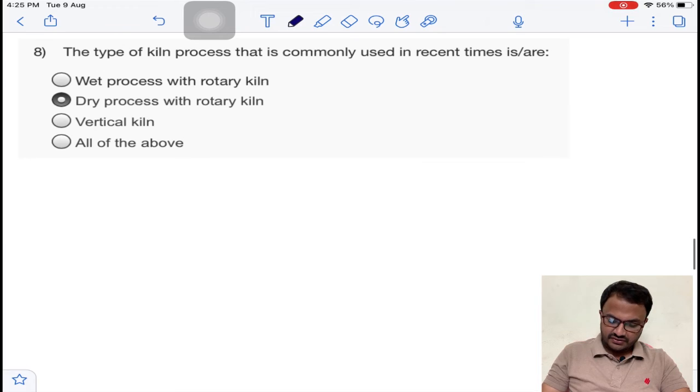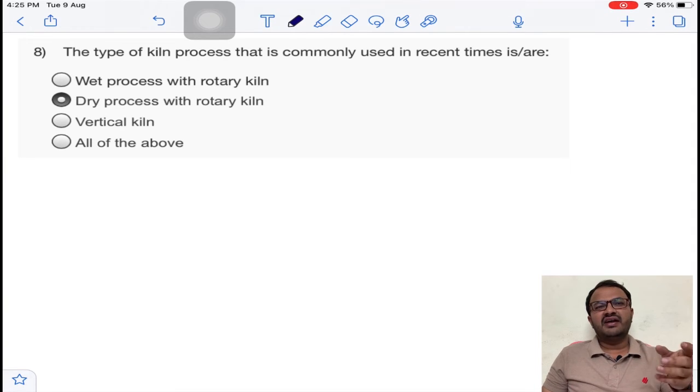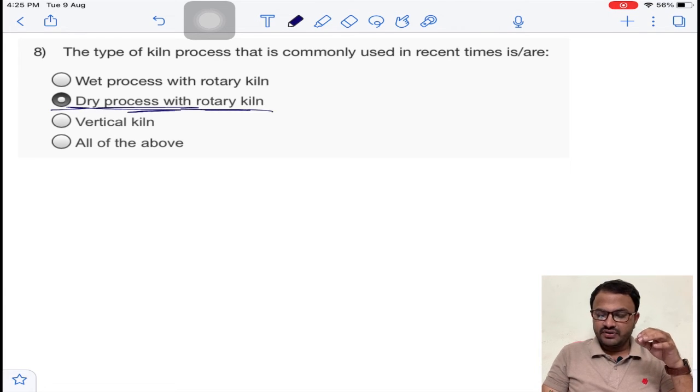And now question number 8. The type of kiln process that is commonly used in recent times is. Generally the cement is manufactured in two methods. The first method is wet process and the second method is dry process. In olden days, the wet process was followed in the manufacturing of cement. Now in modern days, they are using the dry process. So the kiln that we are using nowadays is the dry process kiln.